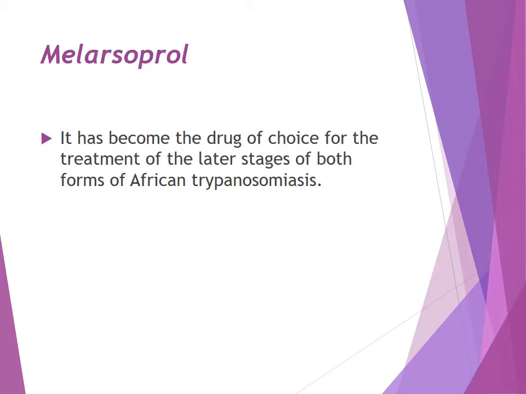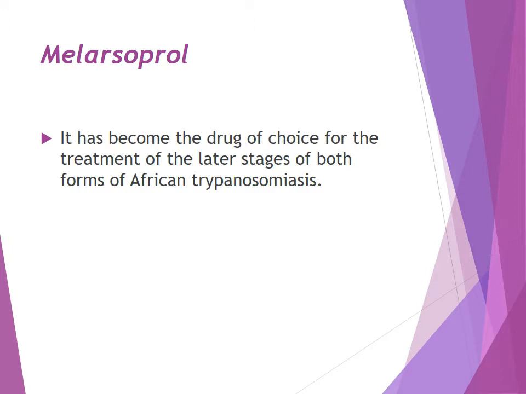Next, we have melarsoprol. Melarsoprol is used as a treatment for the latter stages of both forms of African trypanosomiasis. Di ba, in African trypanosomiasis, meron siyang dalawang forms. We have your Trypanosoma brucei gambiense, and Trypanosoma brucei rhodesiense.